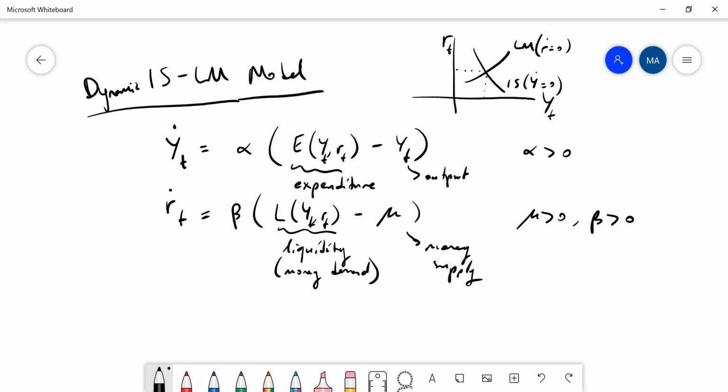Okay, when you equate expenditure to output, you basically have the IS equation. When you equate liquidity to money supply, you're going to have LM equation. All right.